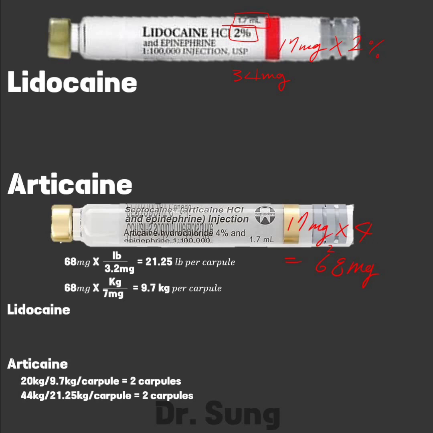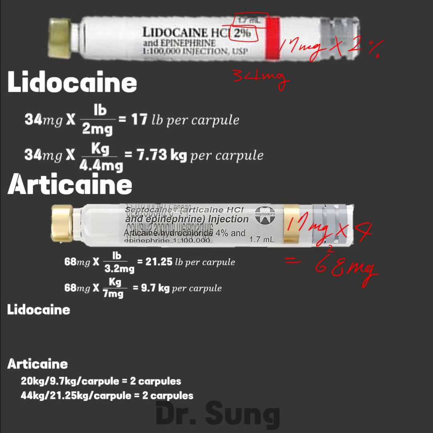Wow. So for your information, if you just want to calculate the pounds per carpule, this is the formula. You can just memorize it. Let's say a patient is 34 pounds. How many carpules can we give?